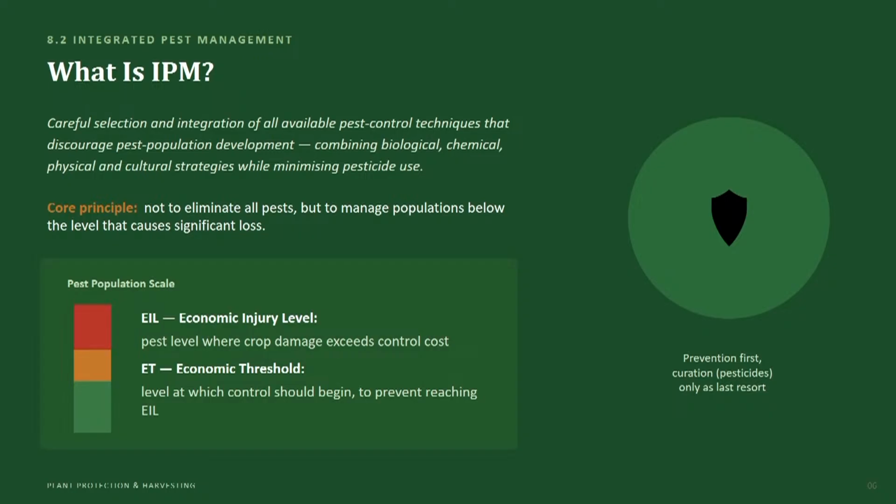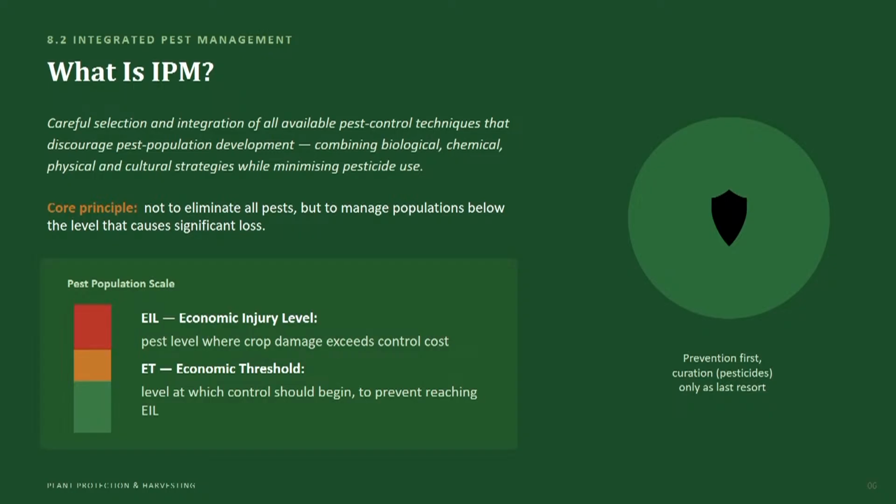So, here the concept of integrated pest management comes, that is managing our insect pests through sustainable ways. In this IPM we can combine various biological, chemical, physical as well as cultural strategies to control our pests.